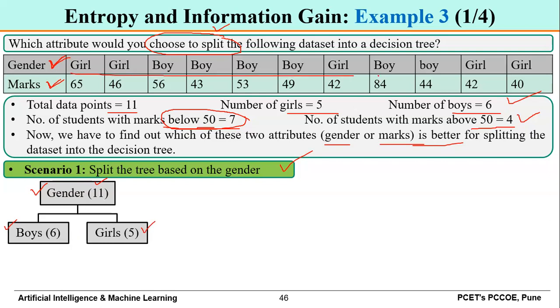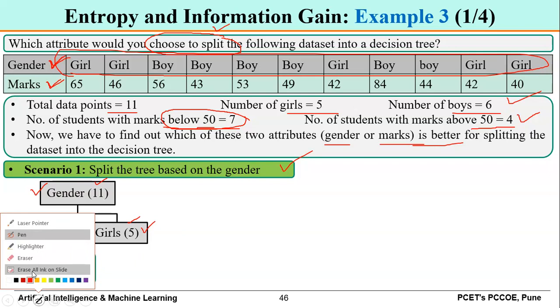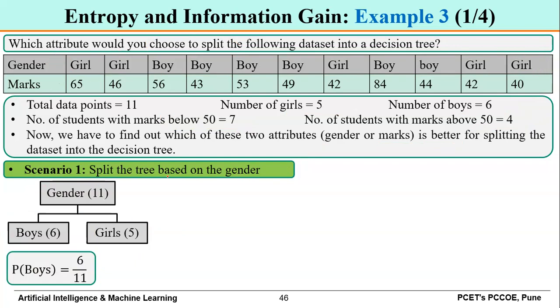You can just count this from the table and put those numbers in the decision tree. Now, the values of entropy and information gain will help us to make the decision. So we will find out the entropy and information gain for splitting based on gender.